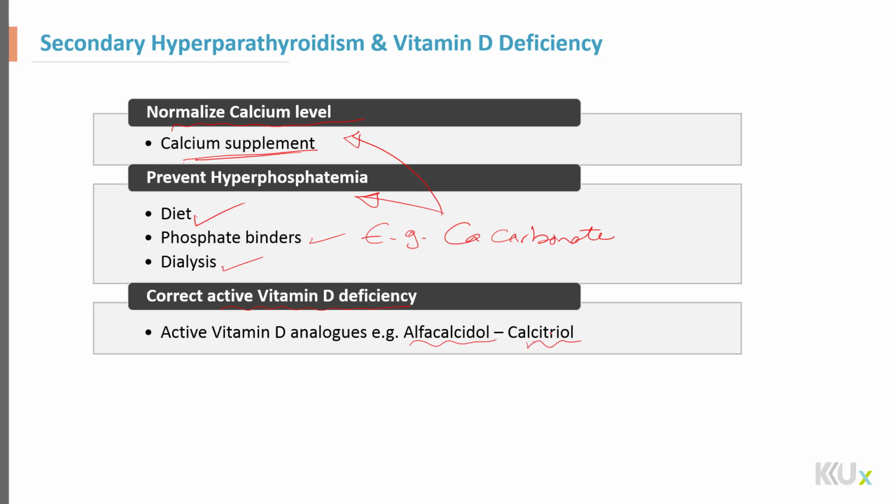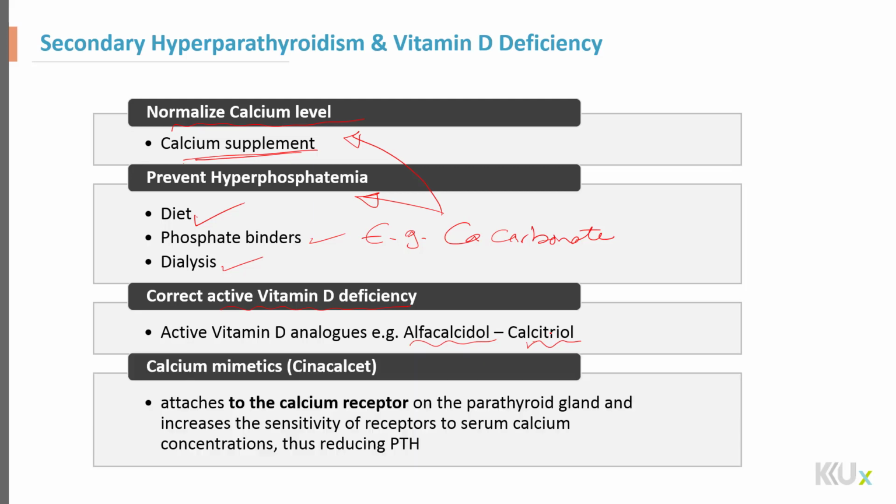So we treat the vitamin D deficiency by giving active vitamin D forms. In late stages, if the patient has severe secondary hyperparathyroidism, we can give calcimimetics. Calcimimetics like cinacalcet.